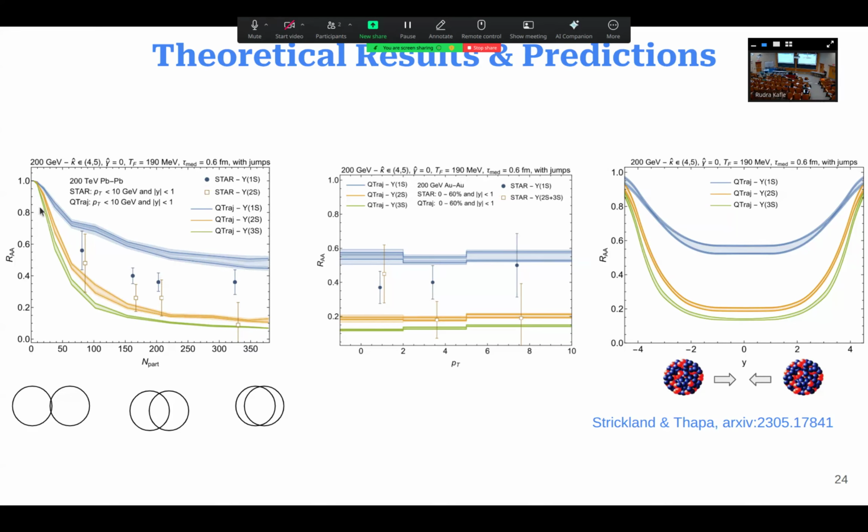And we can get the results and compare those with the previous experimental observations, or we can also predict what these observables will look like if they are not measured by experiments. That's what we can do theoretically, right? We can provide the predictions for the future experiments or explanations for the previous experiments.